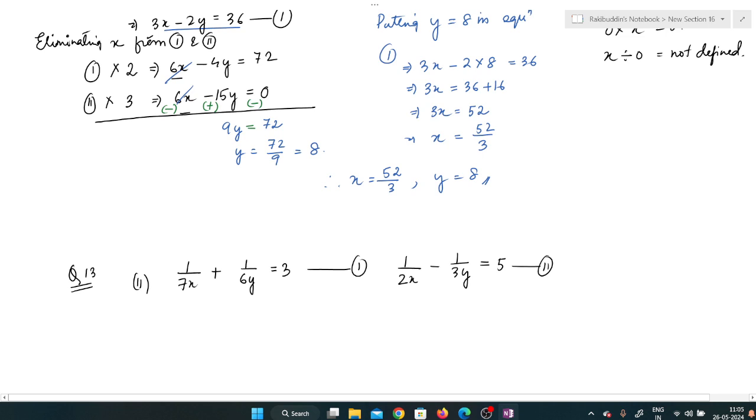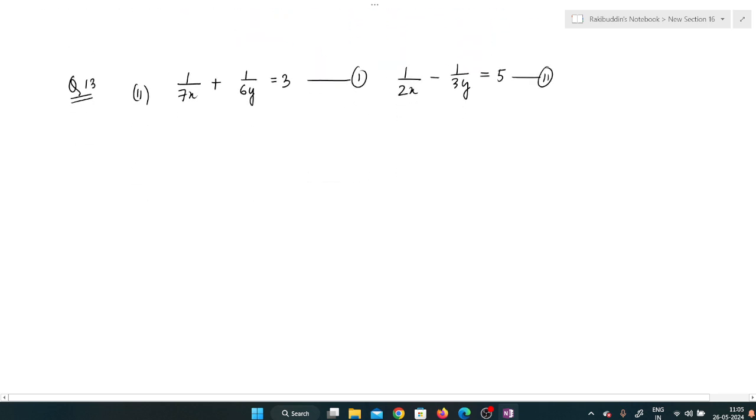First we need to make it a linear equation, then only we can solve it. Why is it not a linear equation? Because here the degree is not 1, and degree cannot be negative, right? Why is the degree not 1? Because 1 by x, if we remember exponents, is equal to x to the power minus 1. Now degree, we know, cannot be negative. It cannot be a fraction, it has to be a whole number.